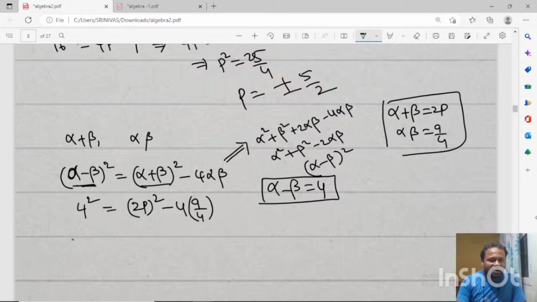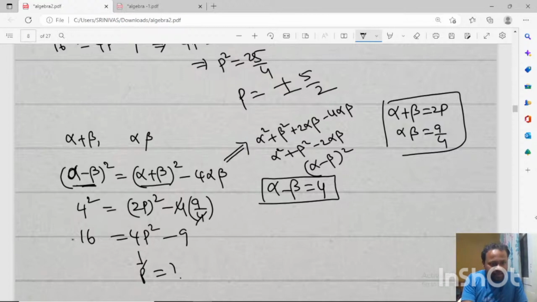I did a little bit of expansion. Now, to understand, I did more steps, but it is very easy. See this, 4 cancel. 16 is equal to 4p square minus 9. From this you can find the p value. Very easy.